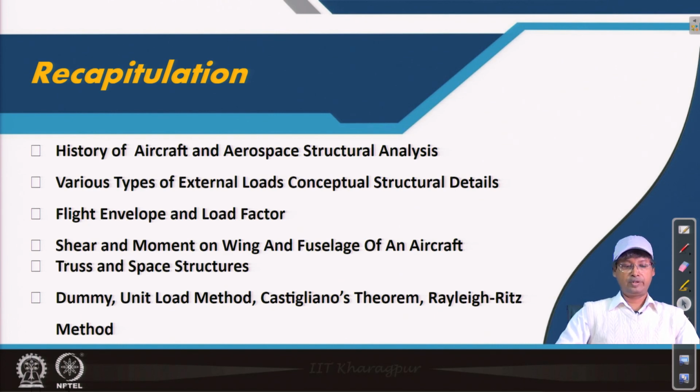Various types of external load are the next topic we covered, those experienced by an aircraft, and how those loads vary in different conditions: on the runway, airborne, or during landing.